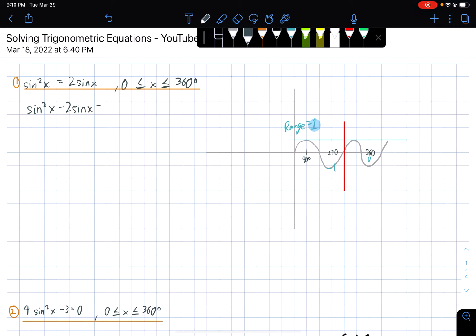So we'll have something like this. And we're going to borrow some methods that we usually use when solving quadratic equations, particularly factoring or the FOIL method, whatever suits best in the situation. In this situation, we can factor, not FOIL. So we can separate the equation into 2 equations.